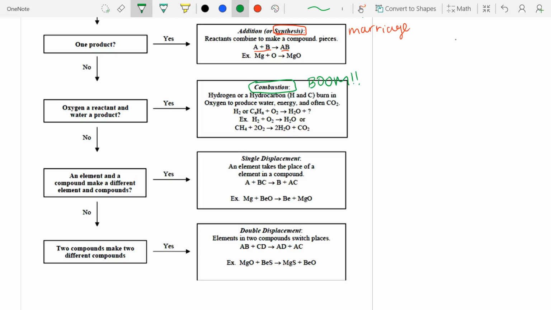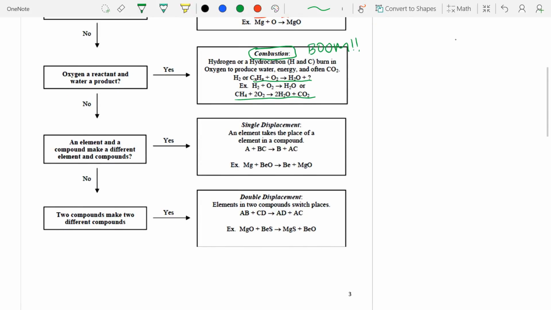This is when you have a hydrocarbon, which is something that has carbon and hydrogen in it, with oxygen, burning to produce water, energy, and most of the time carbon dioxide. It looks kind of like this, or for example, this type of reaction, most of the time producing carbon dioxide.